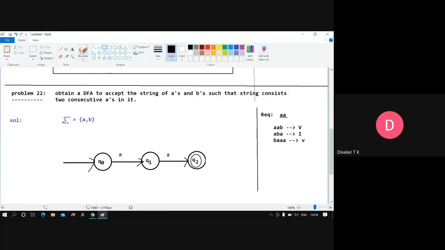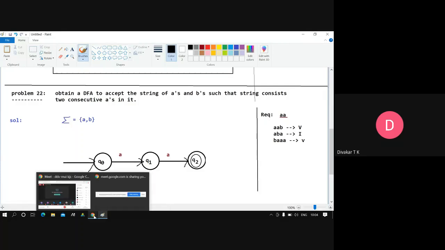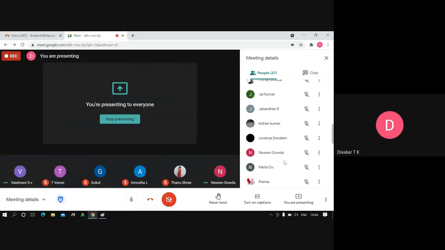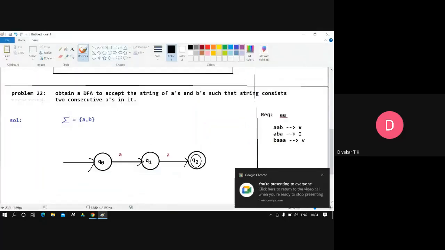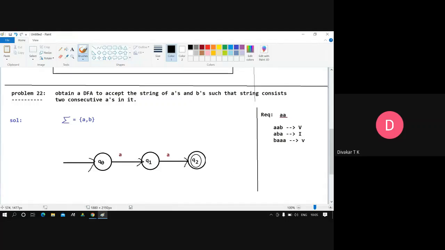That is the meaning, indicating the end state here. Great. Now you can mute it, I'll ask the question for others. Prema, you can answer. From Q0, the A symbol is passed, meaning an outgoing edge is there. From Q0, the B outgoing edge is not there. What am I supposed to do now?